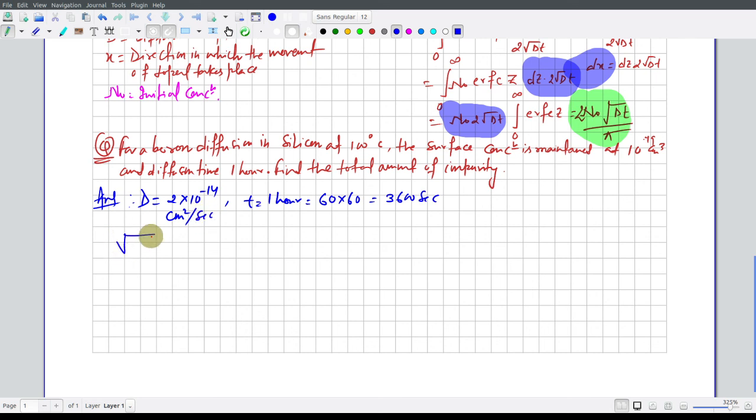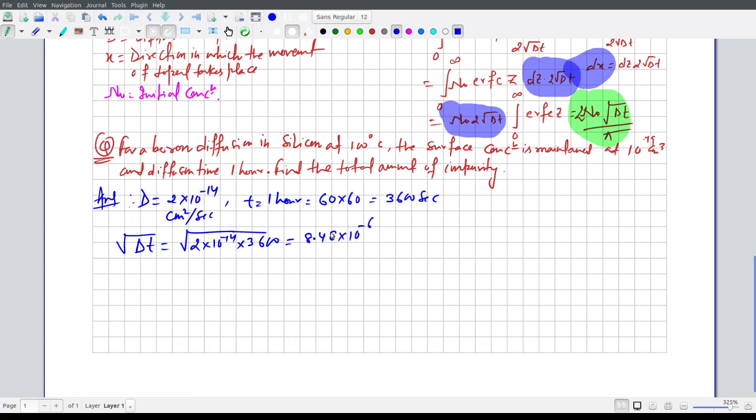So root Dt we can find: 2 into 10 to the power minus 14 into 3600, and if we solve it, it will come around 8.48 into 10 to the power minus 6.